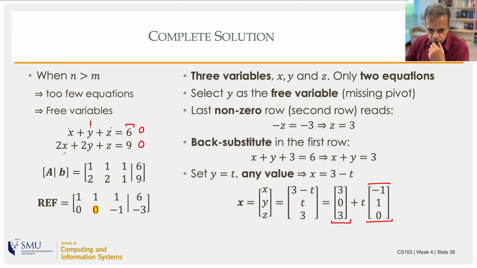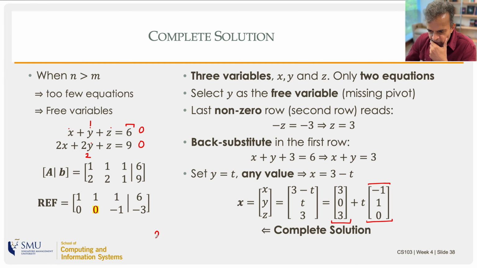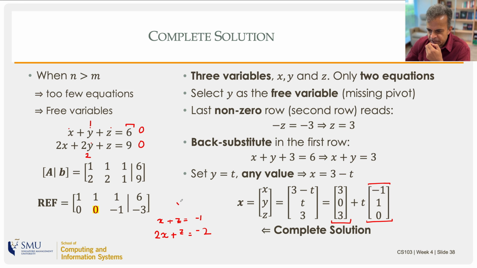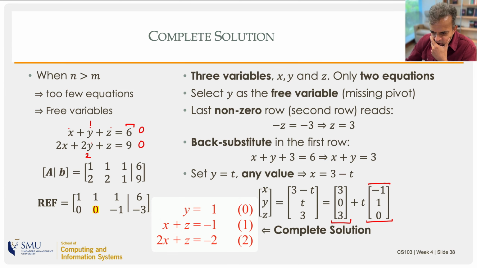So let's write down the equations. This is 2 here, and we can take that to the other side. Then you get 2x plus z equals minus 2, x plus z equals minus 1. Remember, y has already been set to 1. Now let's ignore the first one because it's already solved, already set because it's a free variable.